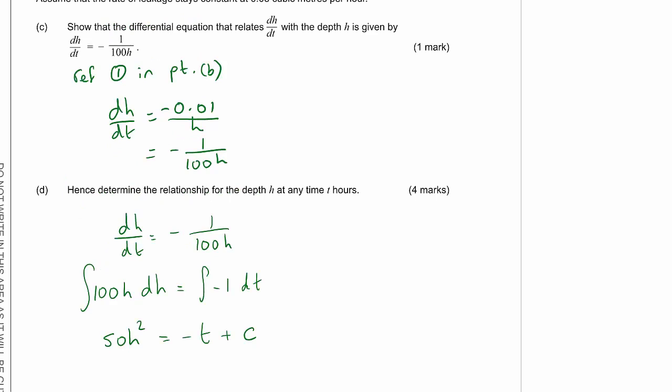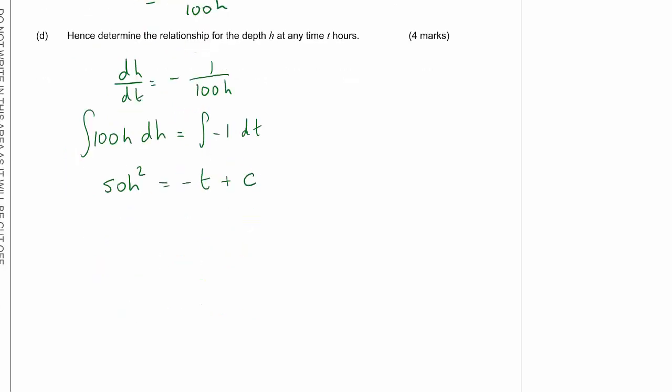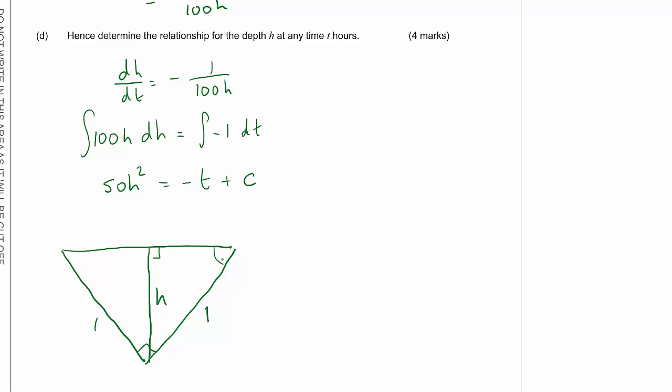Now when t is equal to 0, this trough is full. So right to the brim here, well that's 1, that's a right angle, and this is h, and that would make that a right angle. Because we know that this is pi by 4 radians or 45 degrees, this is isosceles, so this is also h.